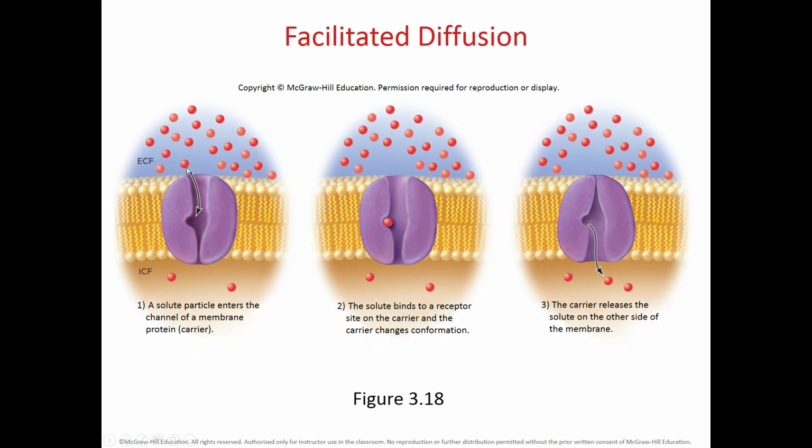You have this solute represented in red spheres that binds to this site on the carrier, and when the site grabs the solute, the carrier changes its shape, closes here and opens here, and then it transports this solute from one side of the cell to the other side of the cell.